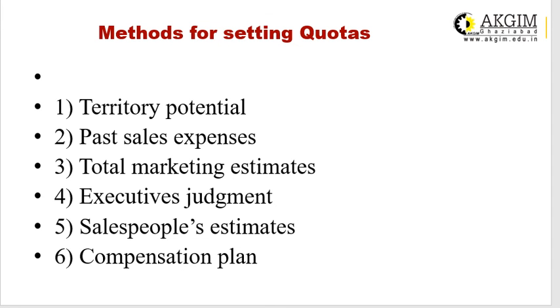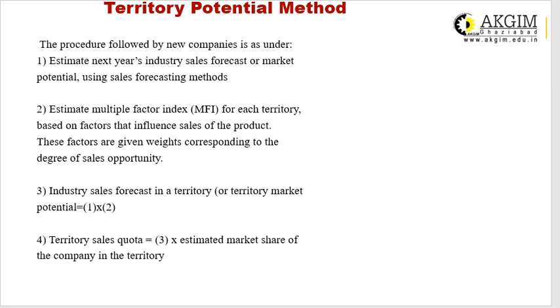Then we come to the various territory potential methods. The procedure followed by the companies is as follows: estimate the industry sales forecast or market potential using the sales forecasting method.